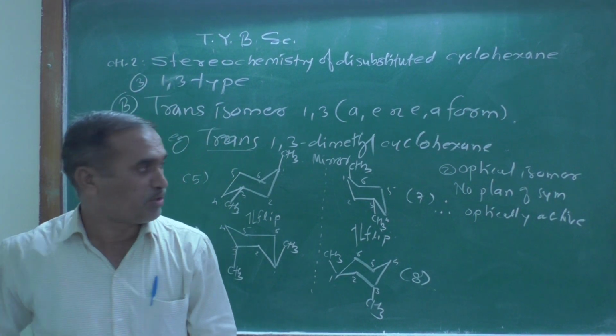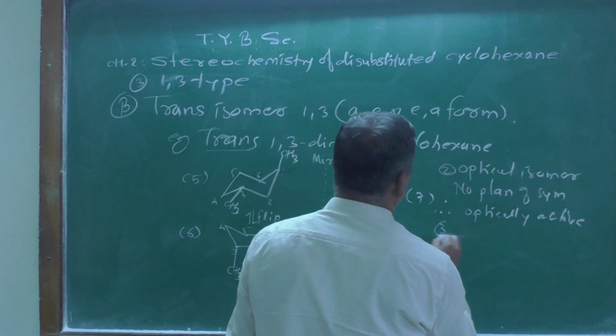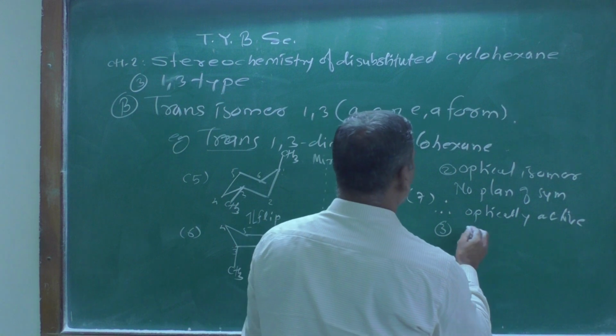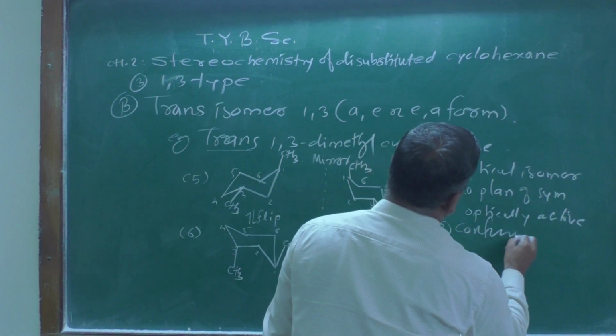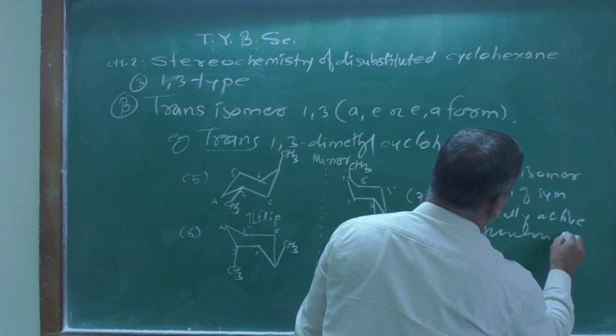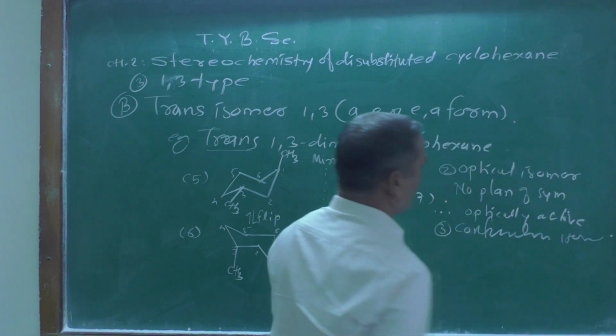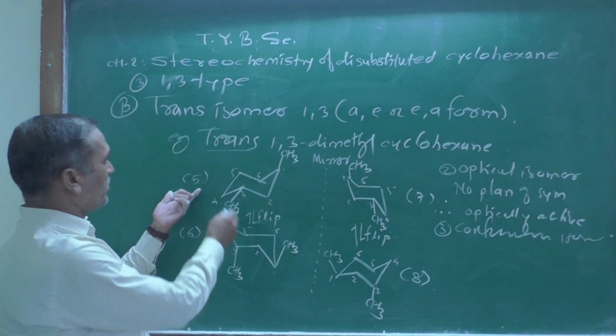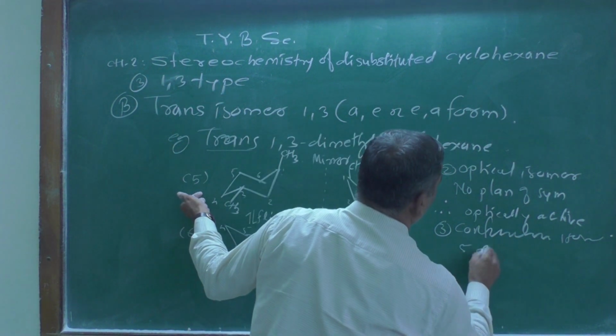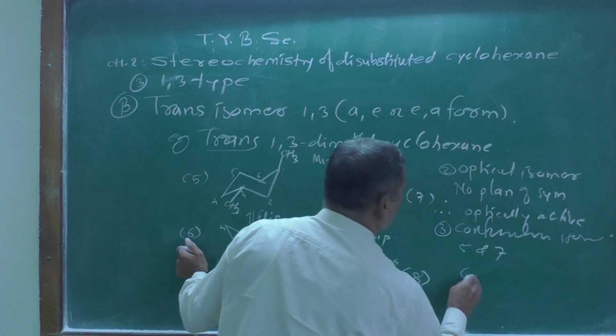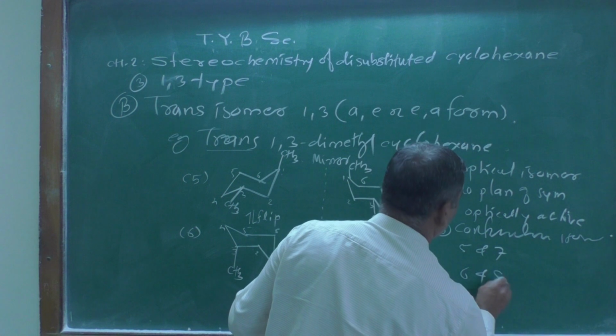Now what is the next point to discuss, the third one? Conformational isomers, or conformational isomerism. Look here, 5 and 7, what are they, and 6 and 8, what are they?